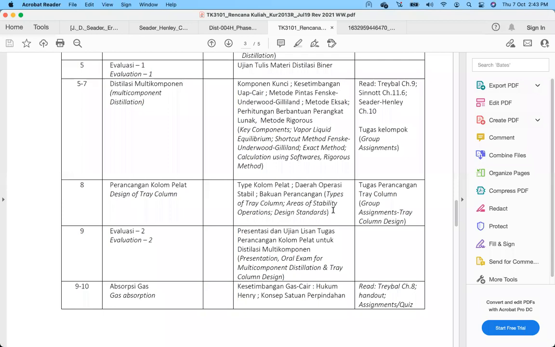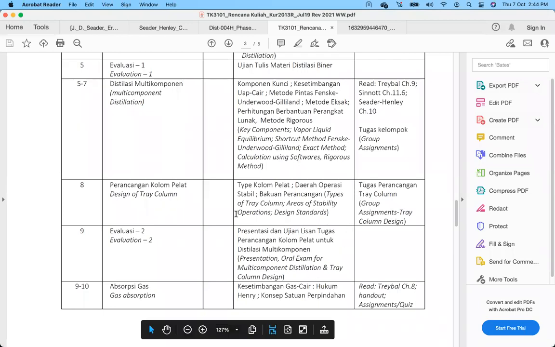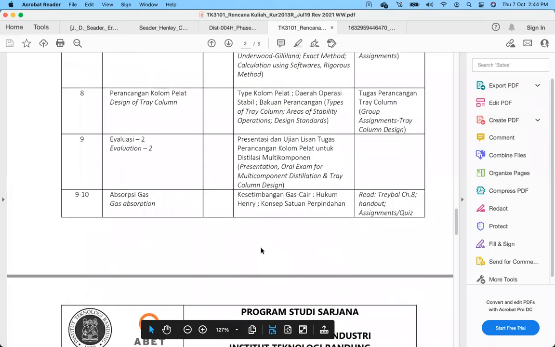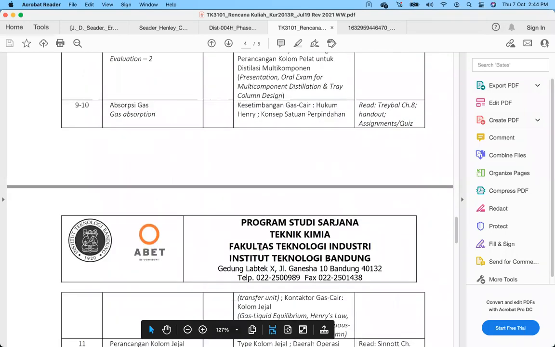Usually one week isn't enough, of course. I think we will move to the absorption in week 9, and then the evaluation of this one will be held around week 10 or week 11 outside the class.